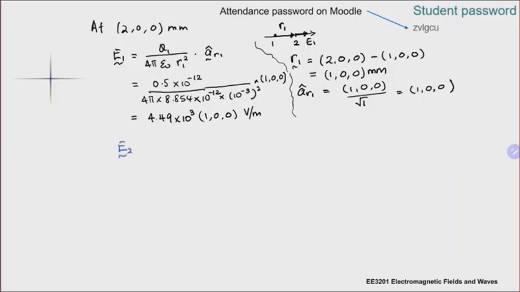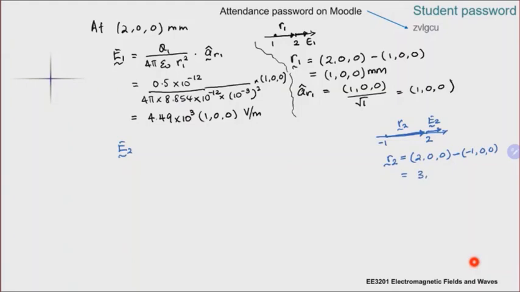E2. This will be this scenario here, minus 1, 2. Our vector R2 and E2. R2 equals 2, 0, 0 minus minus 1, 0, 0.